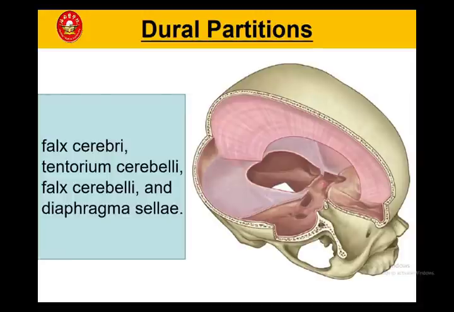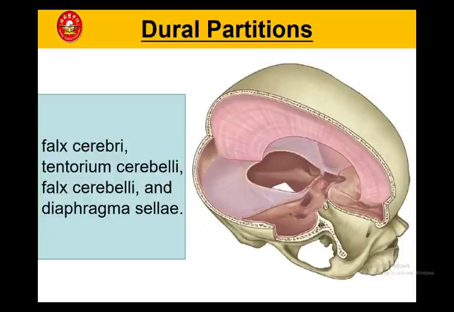It is attached posteriorly to the internal occipital crest, which we discussed in the bone markings of the cranial cavity. There it is attached, and superiorly to the tentorium cerebelli. Its anterior edge is free and lies between the two cerebellar hemispheres.